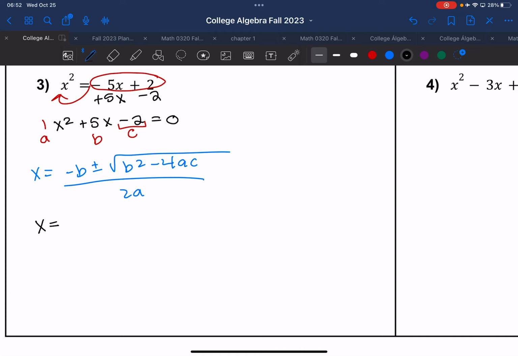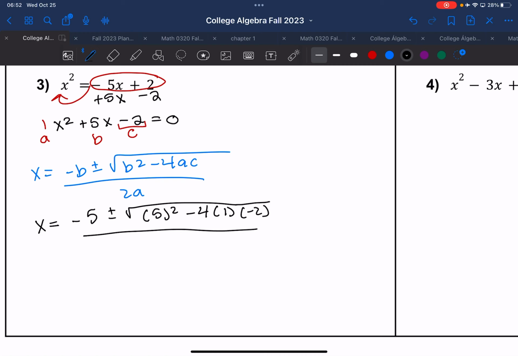So I have x is equal to negative b. What am I going to place there? Minus 5, good. Plus or minus the square root of b squared, so 5 squared, minus 4 times a, which is 1 times c, which is negative 2, all over 2 times 1, 2 times a.